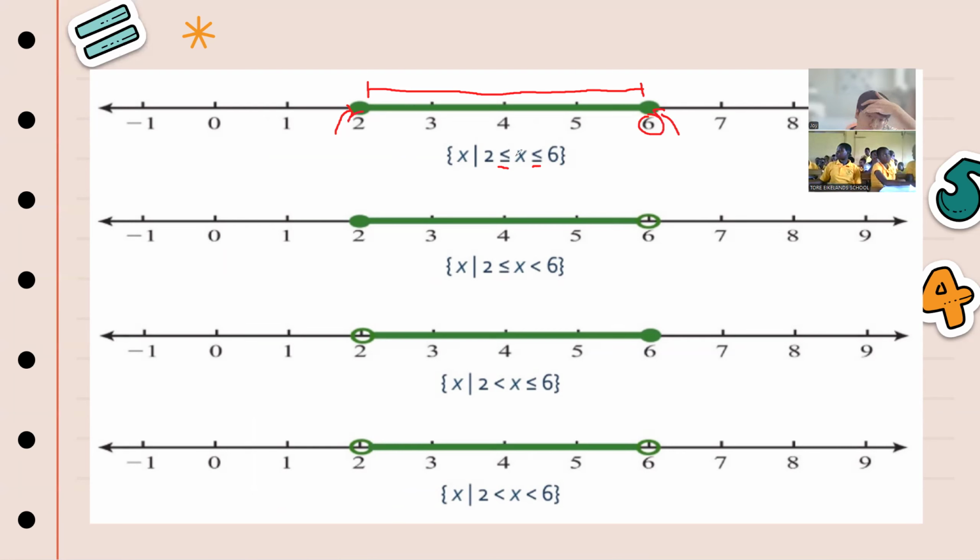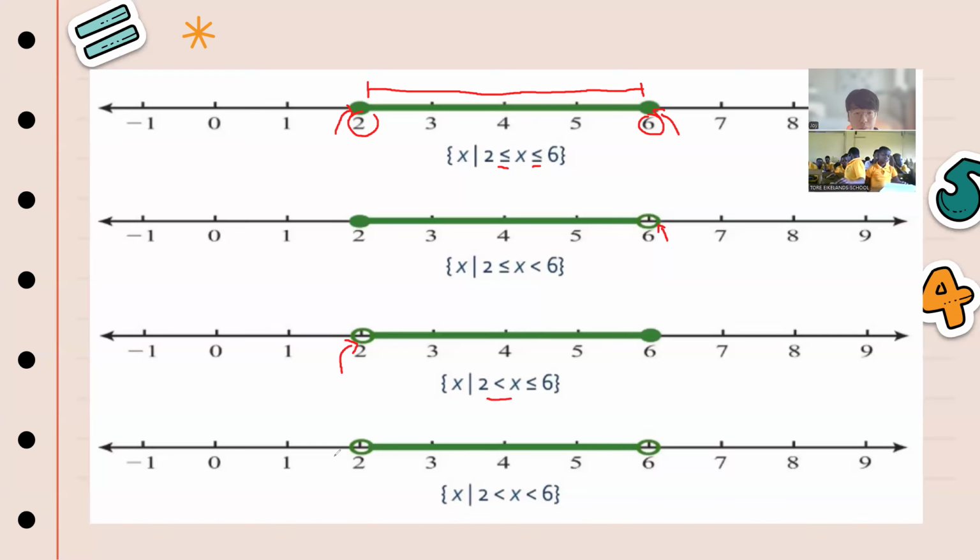The next example is when we have an open circle on the right, this blank circle, then we just change this inequality to just less than 6. And then similarly, we can set this to be a blank circle, and we can set x is just greater than 2.